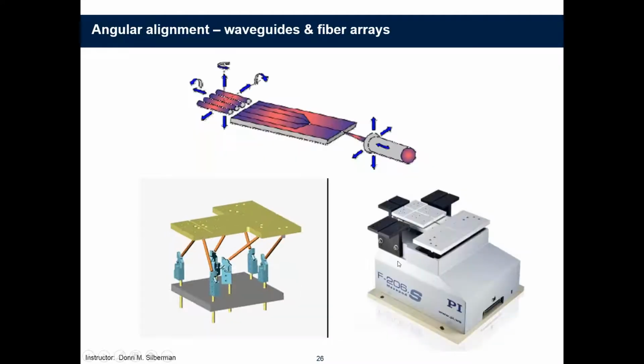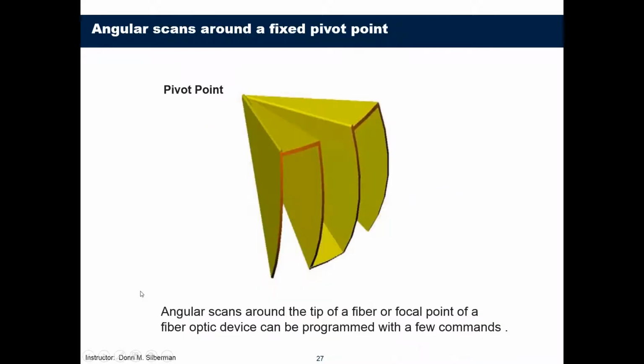And this is a device that was available clearly over 20 years ago in order to align in 6 degrees of freedom a waveguide, multiple fiber optics going into a waveguide, get the detector and detect the light coming out. And you can do an angular scan around the tip of a fiber in order to continue to try and optimize the position of the fiber with respect to the waveguide or the laser diode.